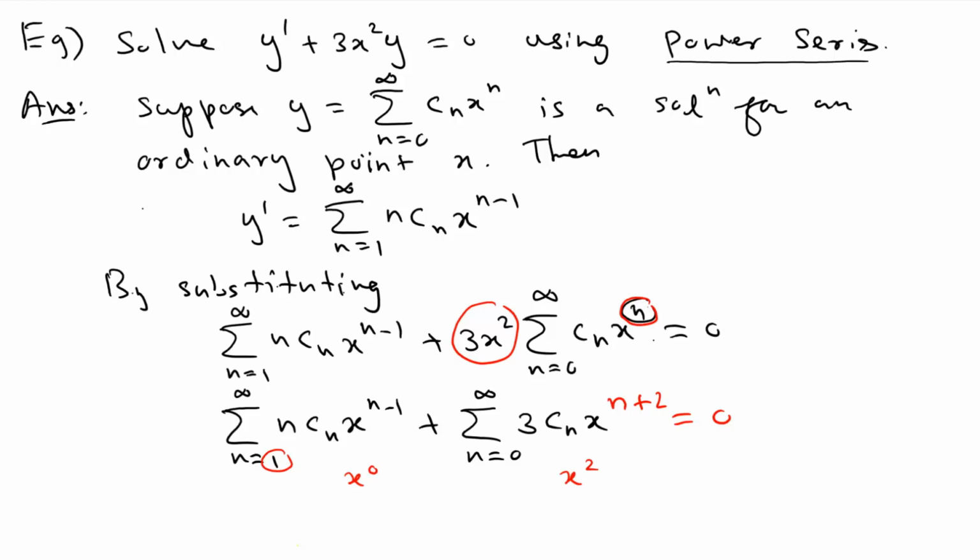There are two uncommon terms here, x to the 0 and x to the 1. Those are not common, so we write them first. That means we have 1 times c1 x to the 0 plus 2 times c2 x to the 1. Those are the two uncommon terms, and the rest we write as a sigma.